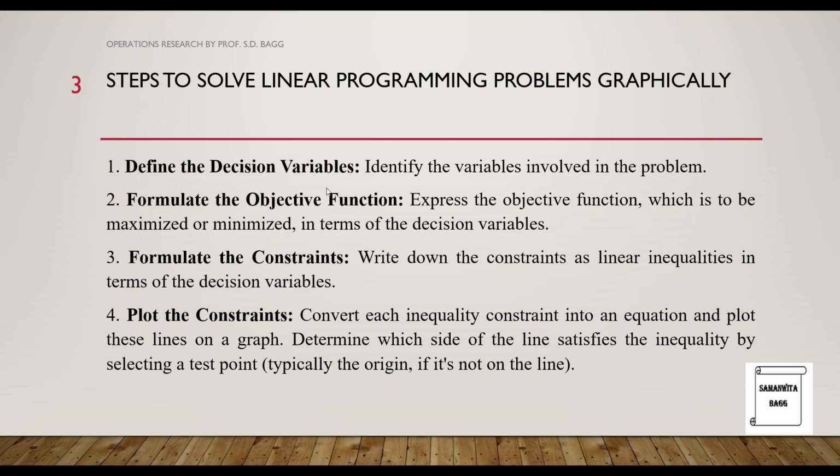First, you need to define the decision variables. Identify the variables involved in the problem. So say if your problem has two decision variables x1 and x2, you need to first figure out what they stand for and what they are.